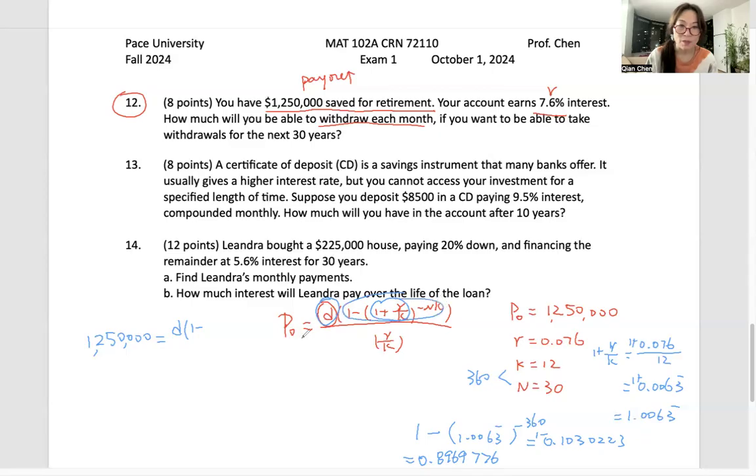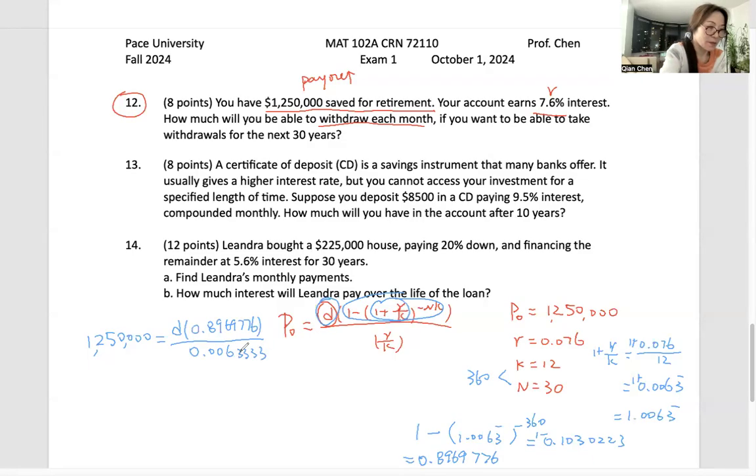So now P naught equals, actually we don't have to do 1 minus anymore, we have 0.8969776 divided by R divided by K. What's R divided by K? 0.0063333.